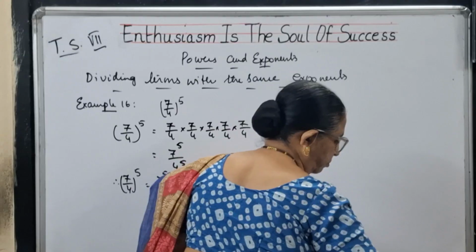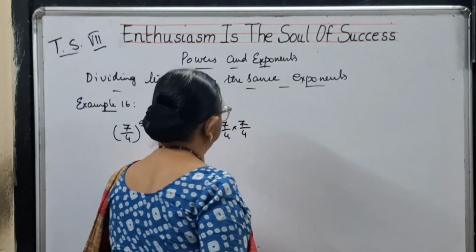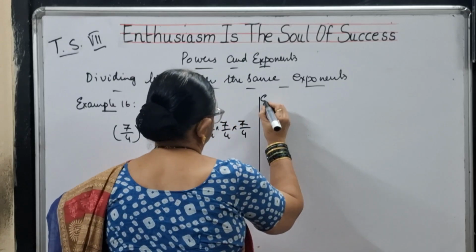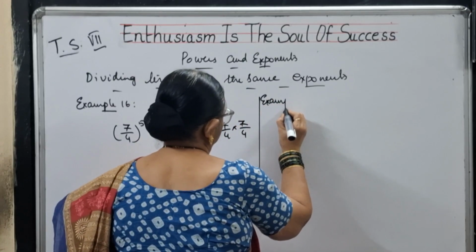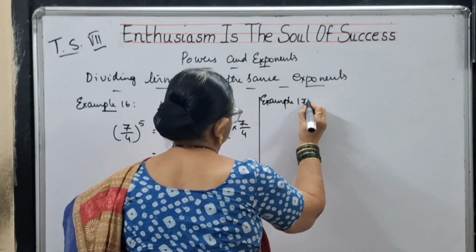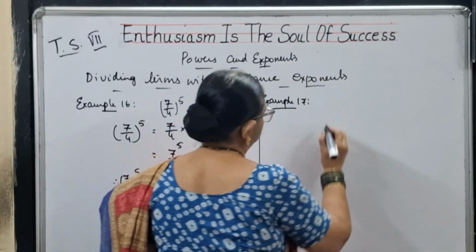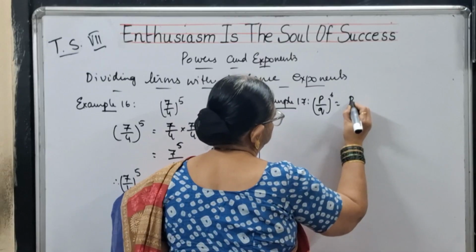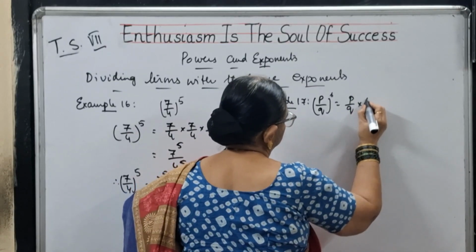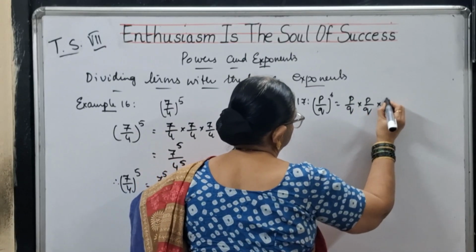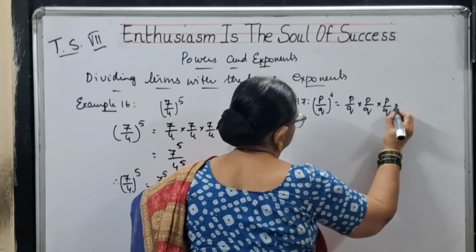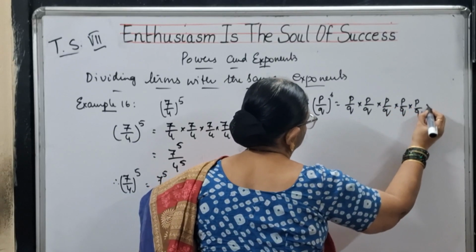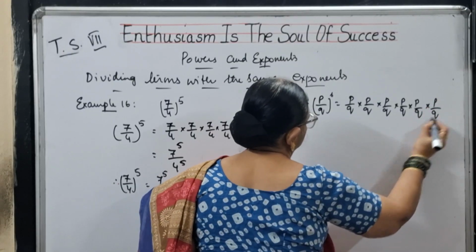This is example 16. Now, example 17. What is this example 17? P by Q whole to the power of 6 means P by Q 6 times. 1, 2, 3, 4, 5, 6 times.